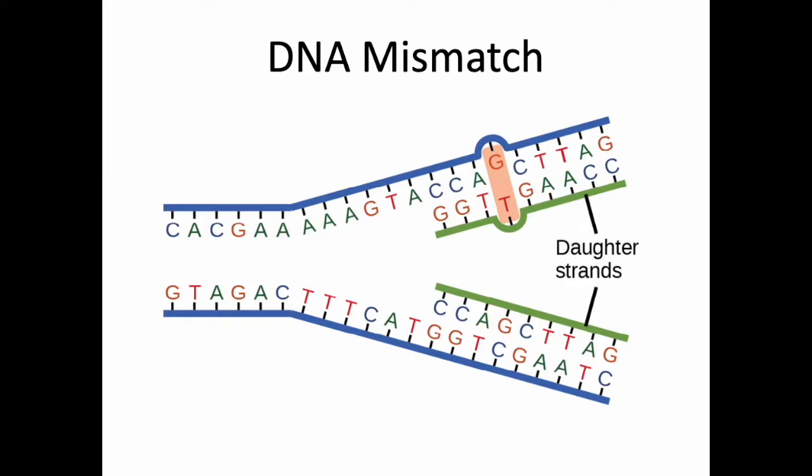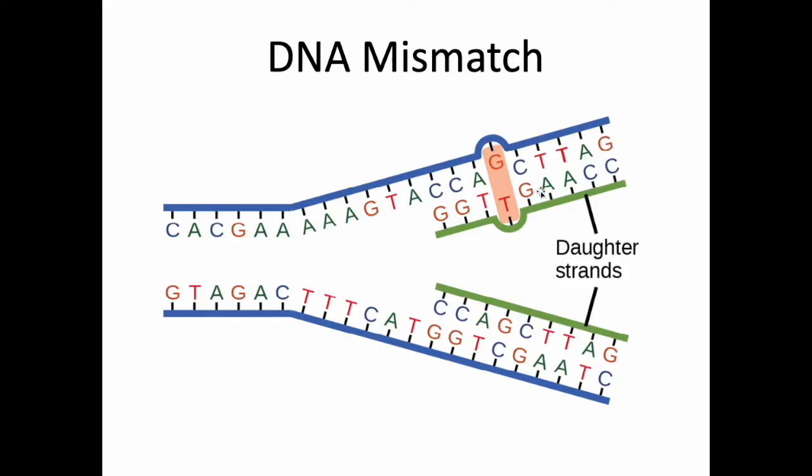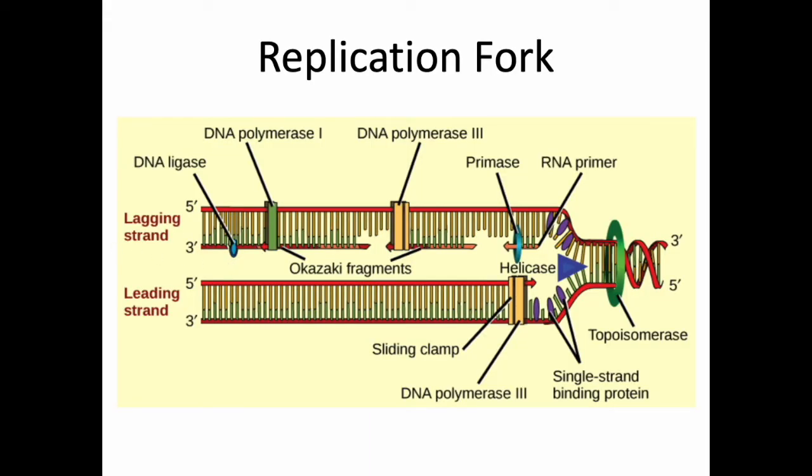So this kind of mismatching or mispairing can happen. And as this is happening, the machinery of DNA replication is looking for these mistakes, and it's trying to fix them when they happen. But even so, you sometimes get these oopsie doodles making it past the proofreading mechanisms, and sometimes you get mispairings in your final product.